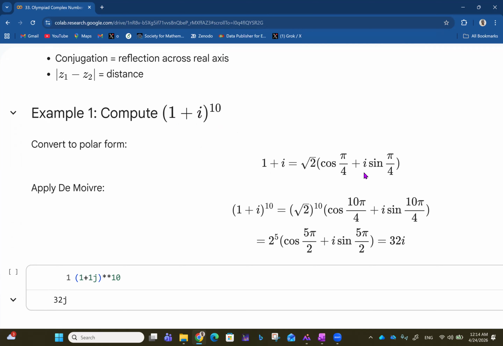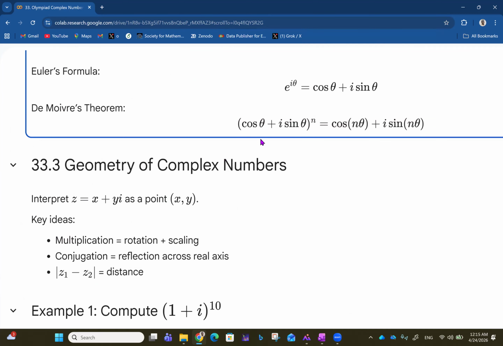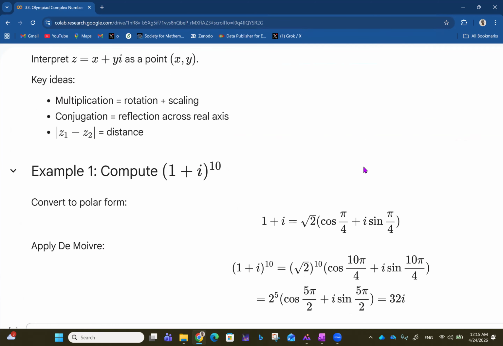Then you apply De Moivre's theorem. We already saw that when you have (cos theta + i sin theta) raised to power n, it's simply the same as multiplying the argument by the power, and you're good to go.